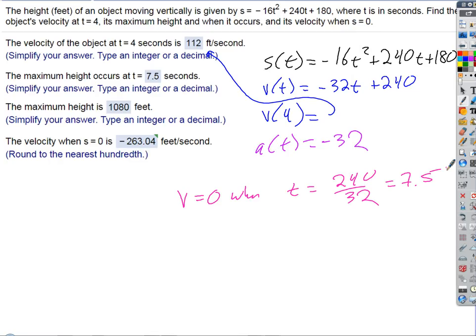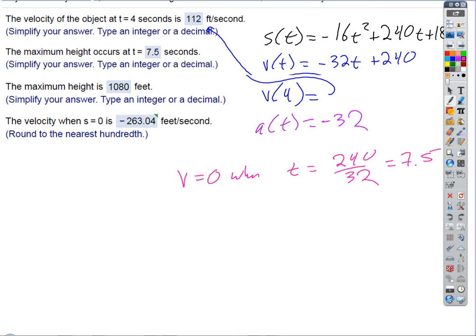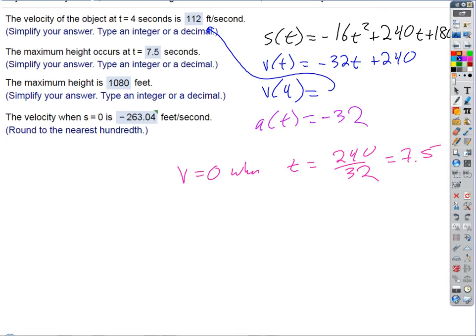The velocity is what when s equals 0? Well, that's just plug in 0. When the position is 0, right? So how would we know that? This is just going to be the type of question where, for part 4, we just want to evaluate v at something, but when?